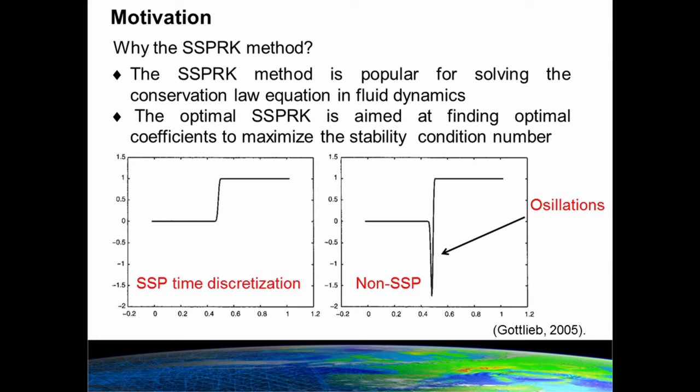The figure shows the solution of the wave equation provided by the SSP and non-SSP time discretization methods. We observe oscillations in the solution of the non-SSP time method. Moreover, the optimal SSPRK method is aimed at finding optimal coefficients to maximize the stability condition number.